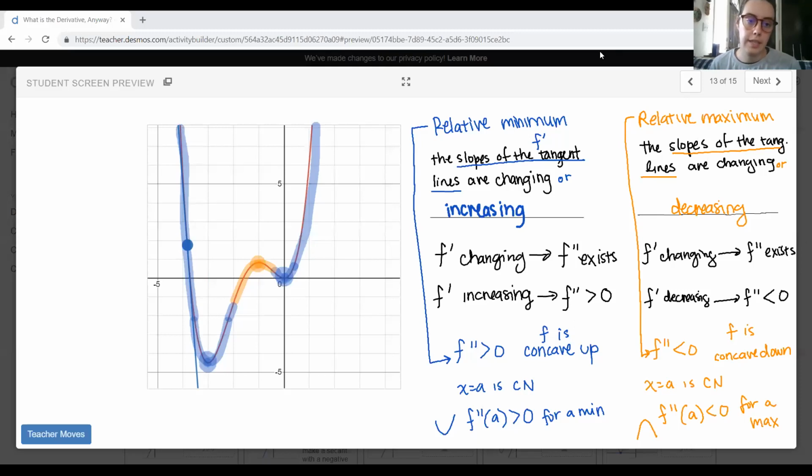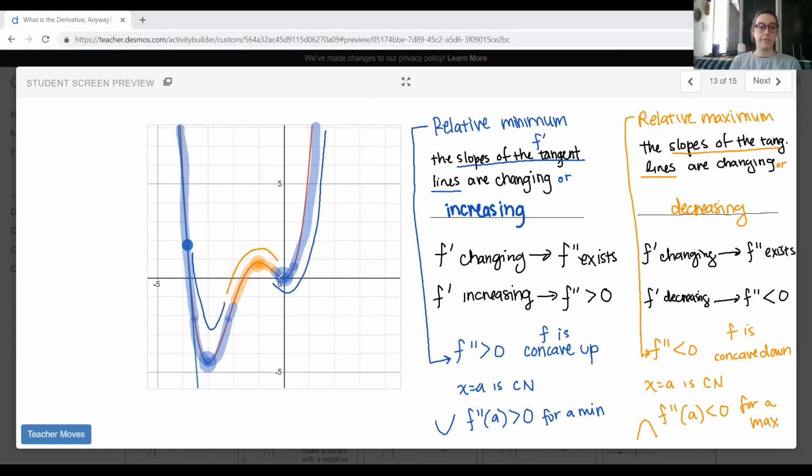So there's one more thing that we should take note of here, and that's the fact that a function could have both a minimum and a maximum, just like this one does. It has a min, but then it seems to switch shapes so that I end up with a relative max, and then it switches shapes again to get me another min.